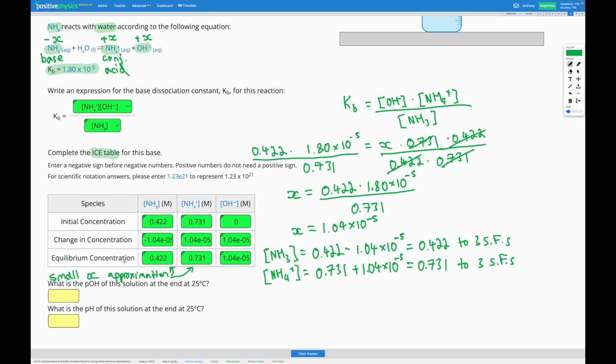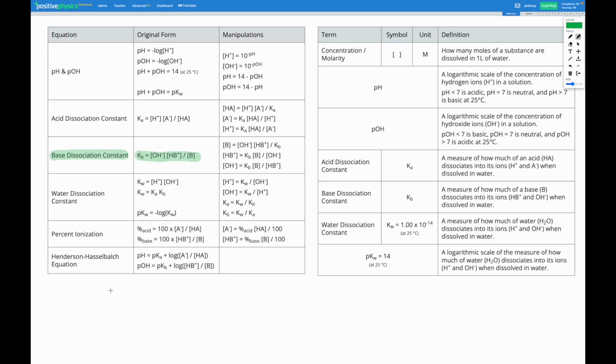Awesome. So now we know our equilibrium concentrations, including the equilibrium concentration of OH minus. We can go ahead and find the pH by first finding the pOH. Here's our pOH equation. pOH is equal to negative log the concentration of OH minus.